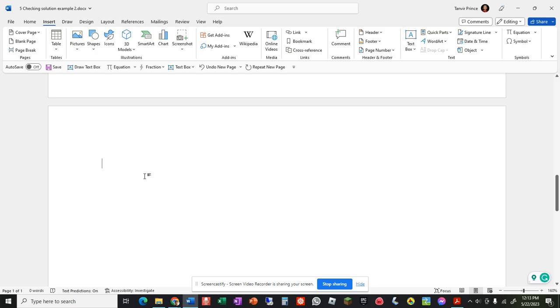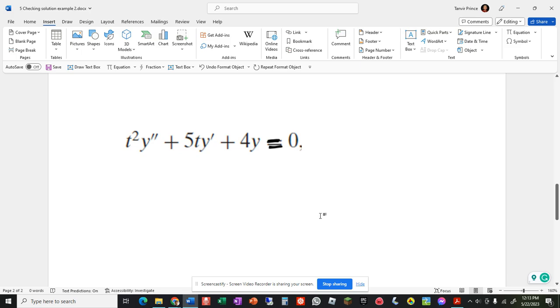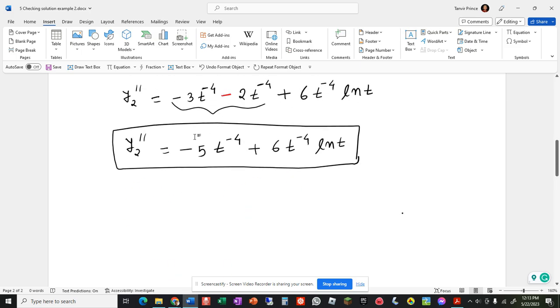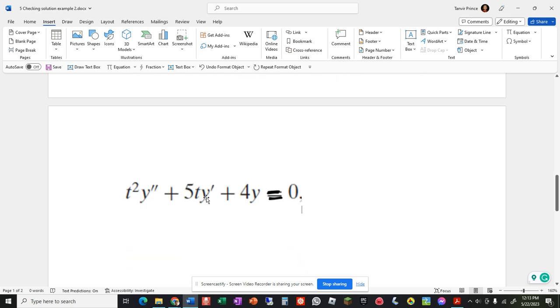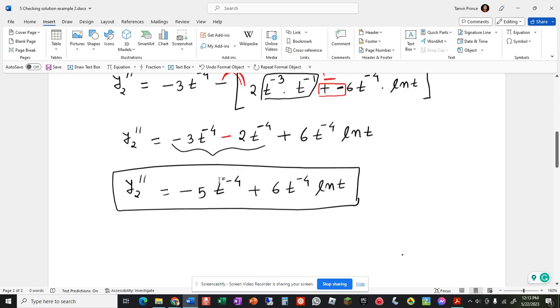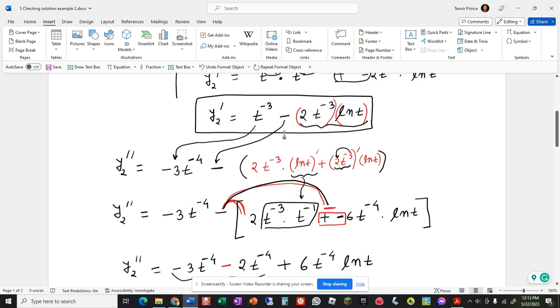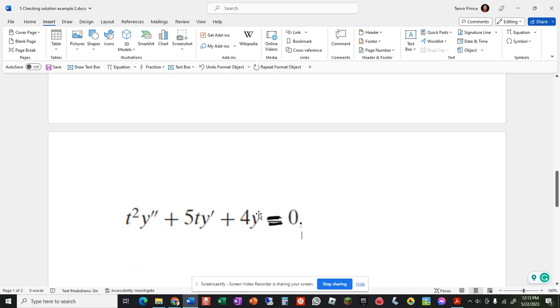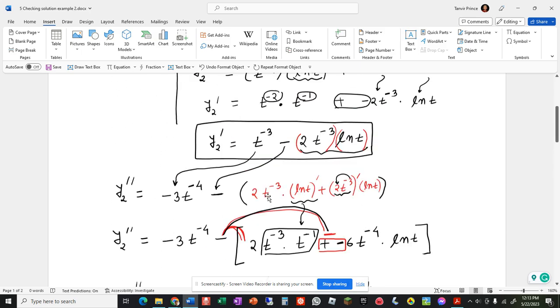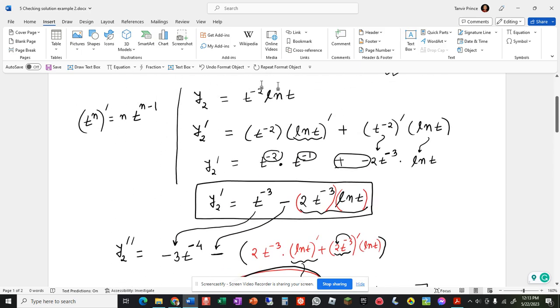Okay, so let's do it here. In place of y double prime, I'm going to substitute my y2 double prime. In place of y prime, I'm going to substitute my y2 prime, which is this. And in place of y, I substitute the y. My y is actually y2, this one.